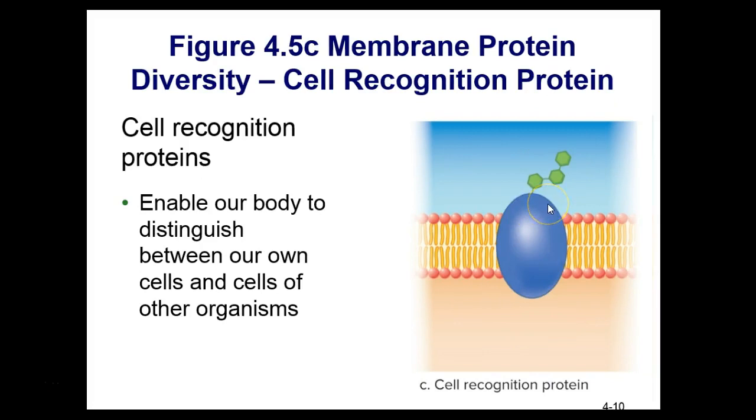Cell recognition proteins enable our body to distinguish between our own cells and cells of other organisms. They're often referred to as identification tags. They identify self from non-self. Let's take, for example, our immune system, where we have white blood cells.